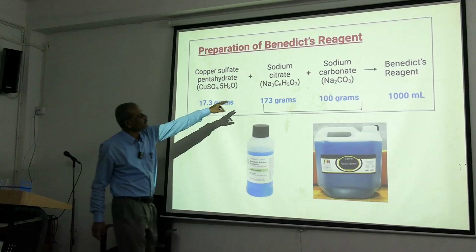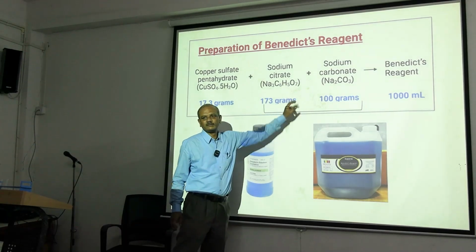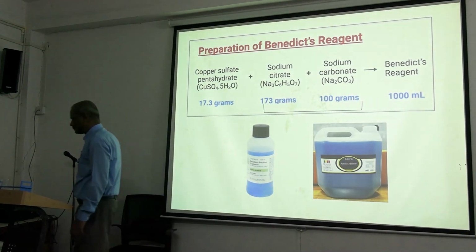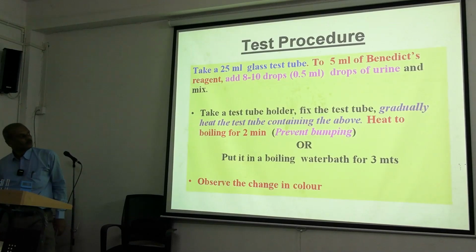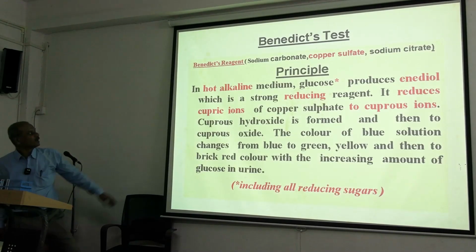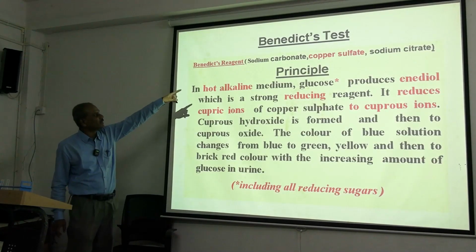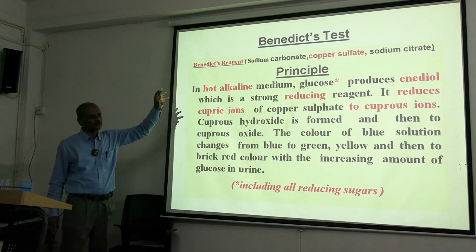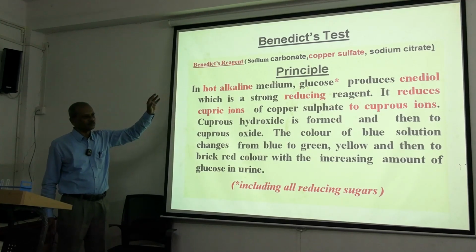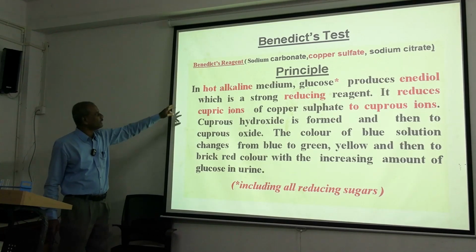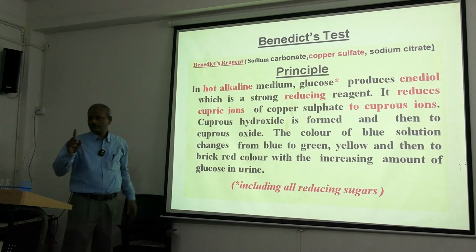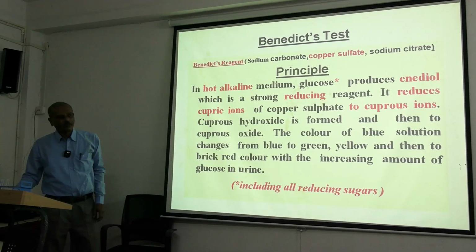You can see the solution is alkaline. Is this part clear? So now again I am telling you, this deliberately I have written. Copper sulfate is the main issue here. Copper is in cupric form. So in hot alkaline medium, you have seen, understood, note down.